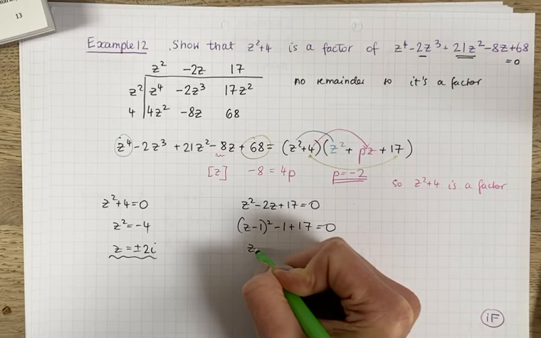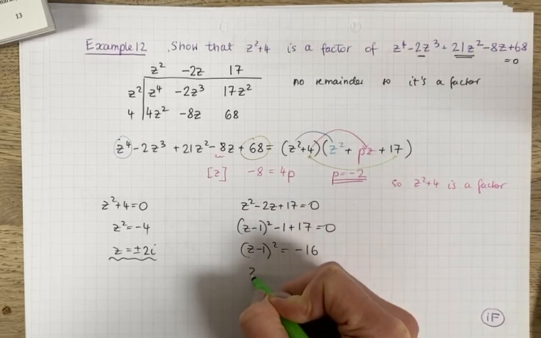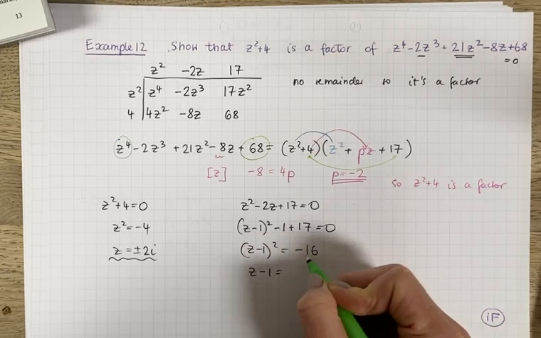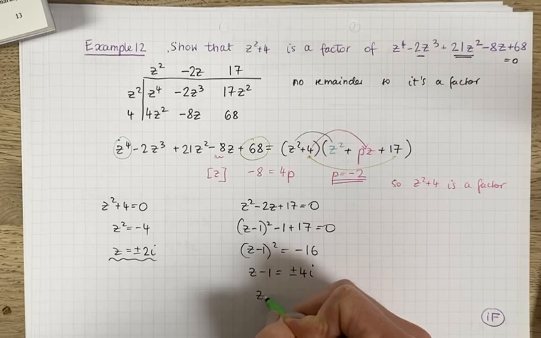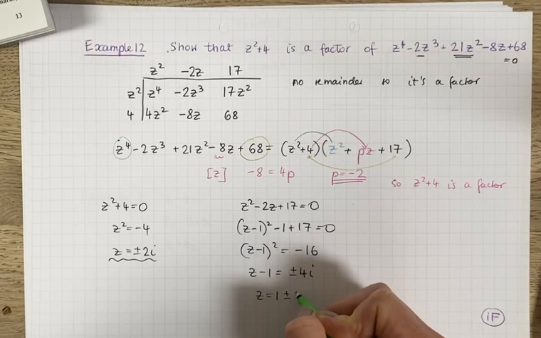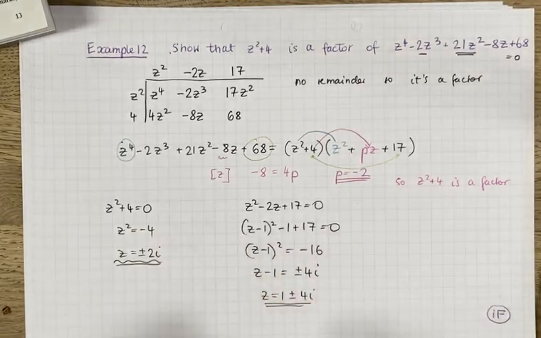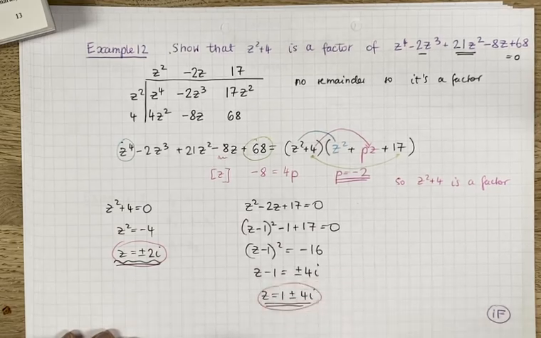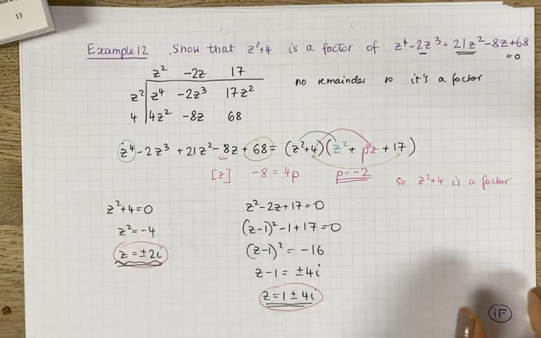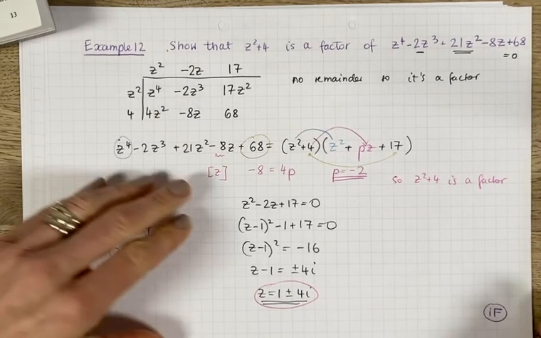Yeah, it gives me 16. So z minus 1 is equal to square root of minus 16, plus or minus 4i. z is equal to 1 plus or minus 4i. So these are the two conjugate pairs representing the solutions. So we can have a go at exercise 1F, and that's the end of the chapter.